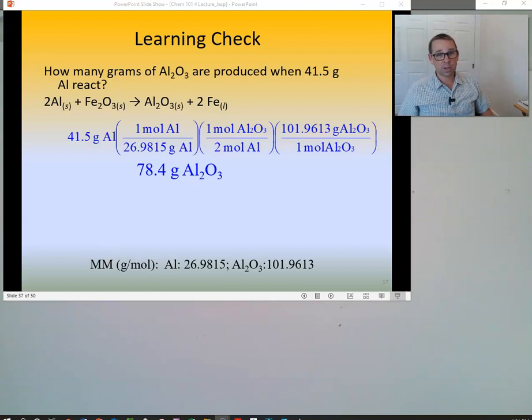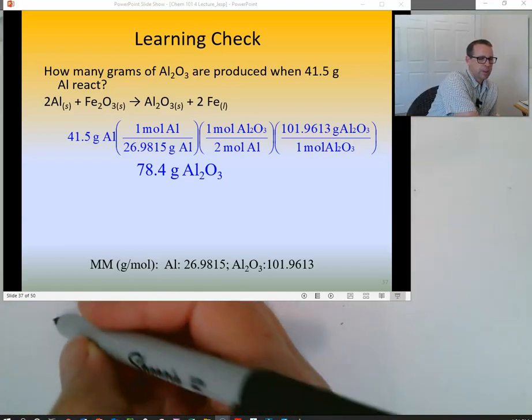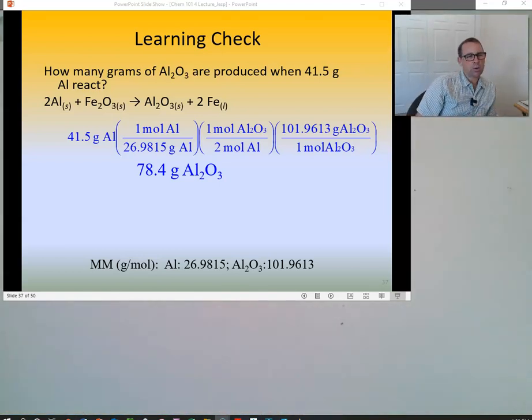Okay, let's try another one using this same equation here. This time, I'm going to write down the question here. So essentially, all we're using is that same equation.